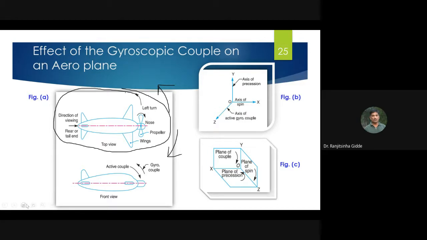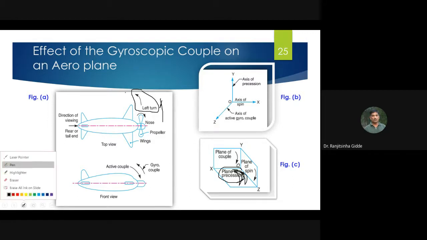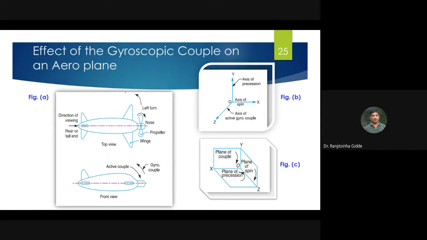So in this top view, when we see that it is taking left turn, then we need to check this plane of precession. What do you see in the plane of precession? It is taking left turn. So that left turn is shown in the plane of precession.